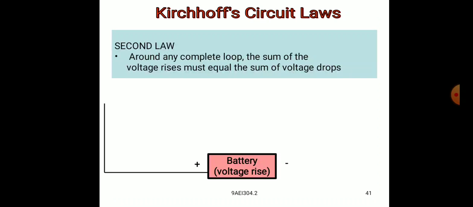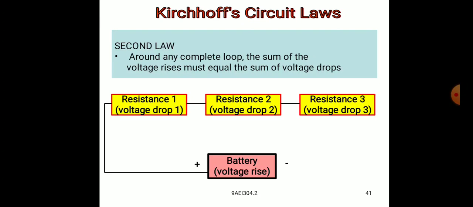You can see the Kirchhoff law, how it is. The second law, you can see: around any complete loop, the sum of the voltage rises must equal the sum of the voltage drops.